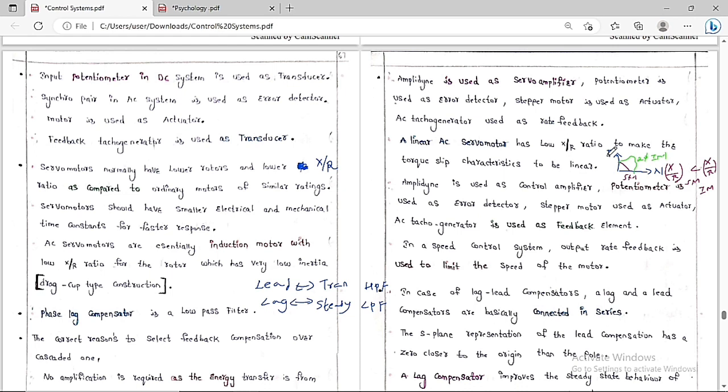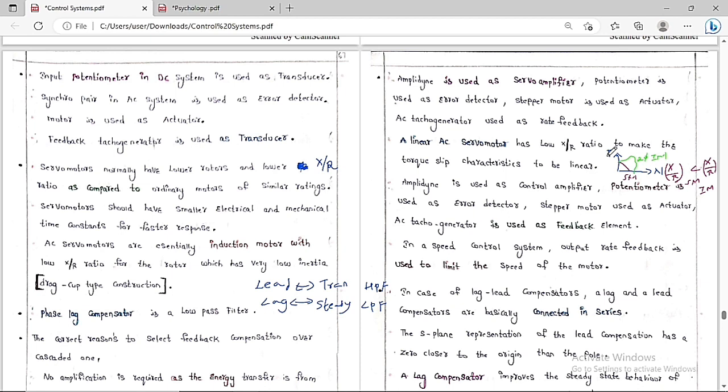So we can say the linear AC servo motor has the lower X/R ratio in order to make the torque slip characteristics linear.